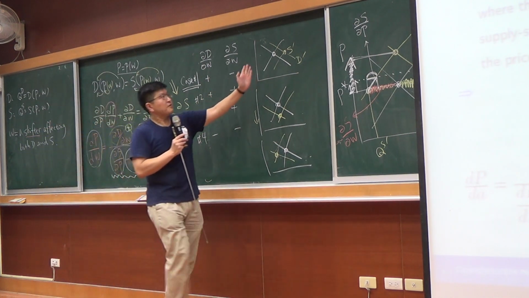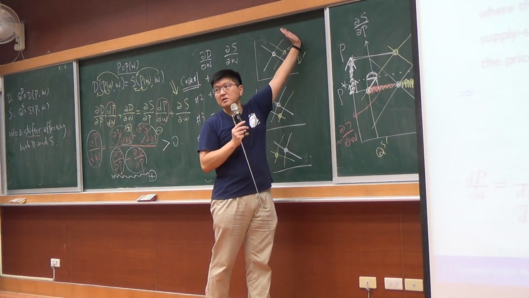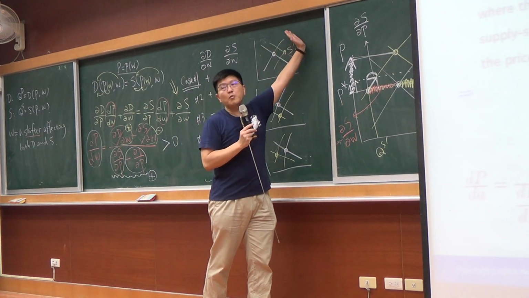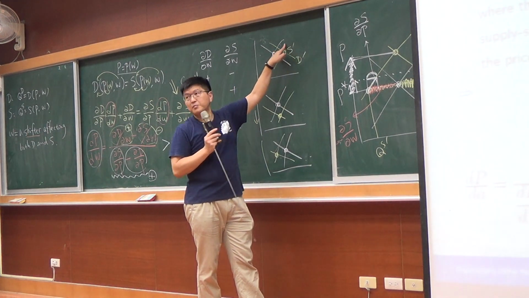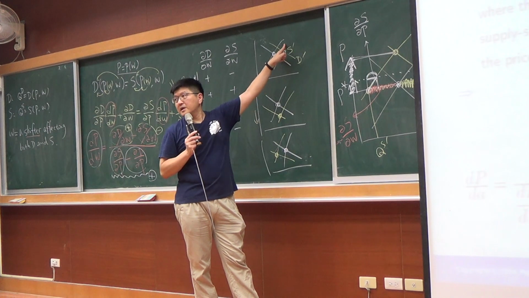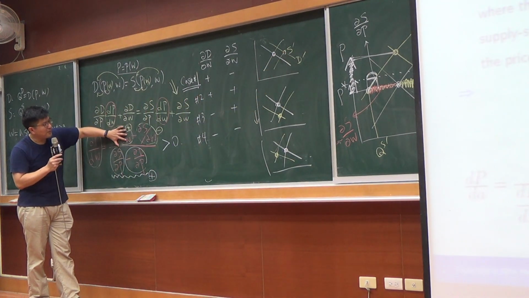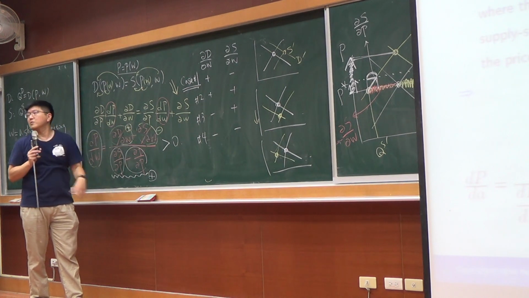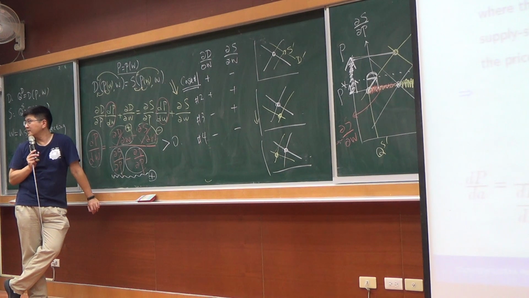So if demand goes up more, shifts to the right more than supply, then you will see the price goes up. On the opposite, a small positive minus a big positive will be negative. Is that clear?